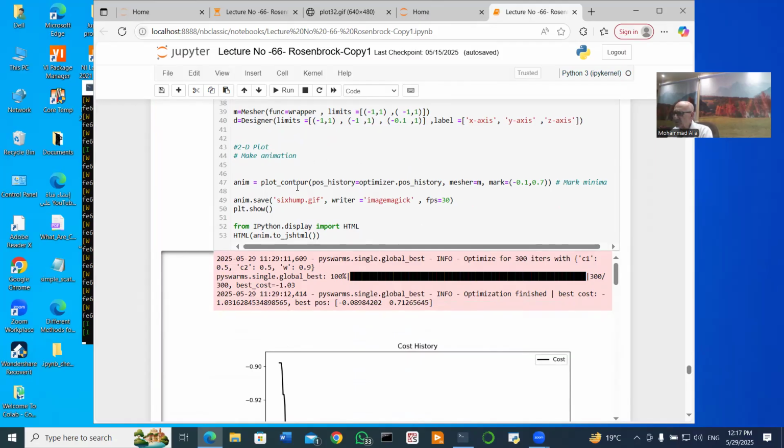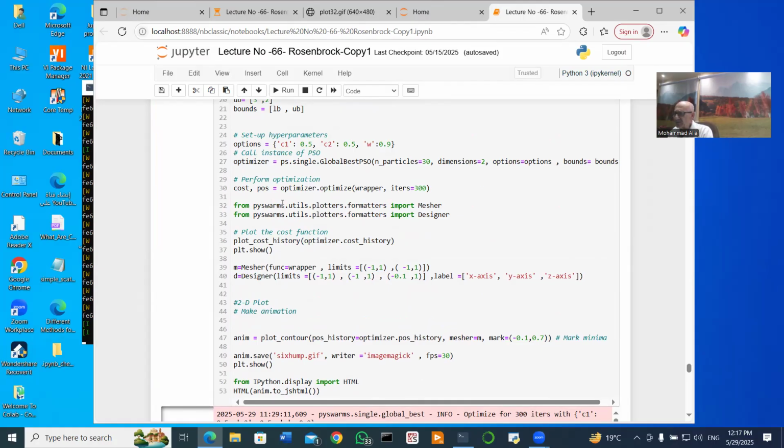So what we are going to do now, we shall use the plot contour function. To have a plot here, we need to pass the position history. The position history comes from the optimizer. If you call optimizer dot cost history, it gives you the cost history.